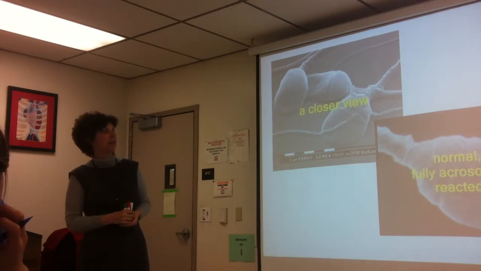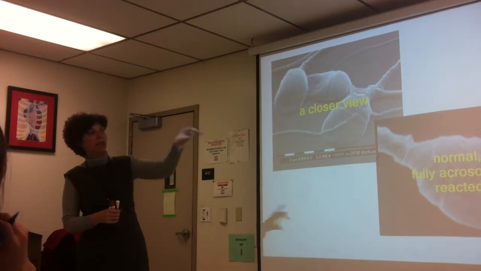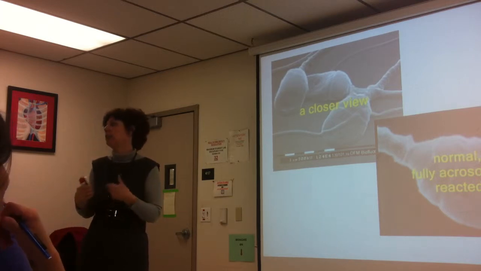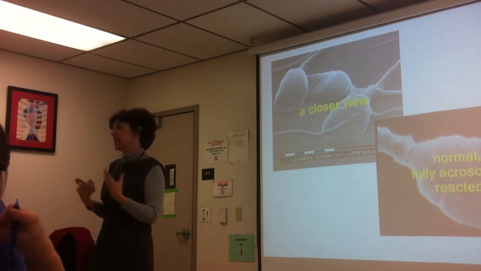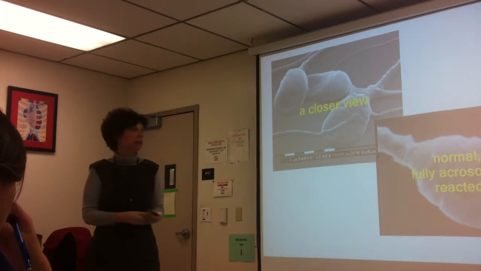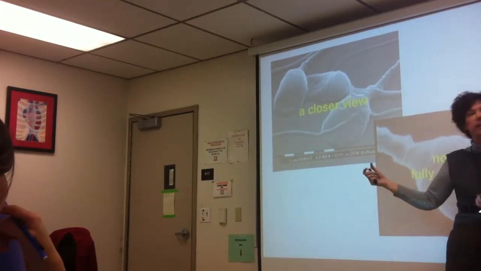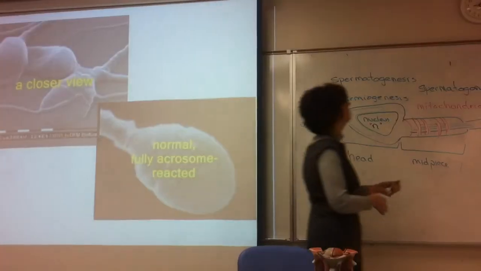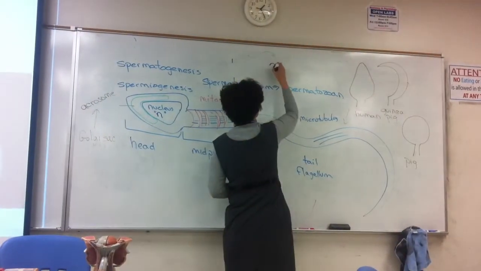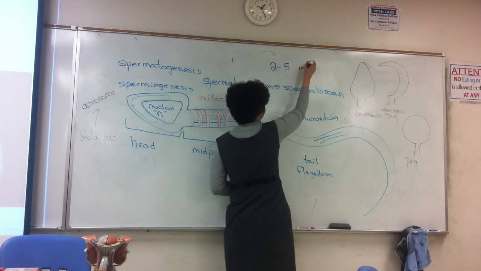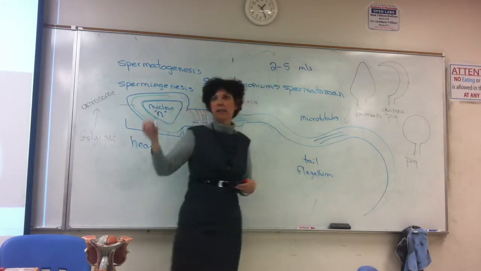But I was working with human on electron micrograph, and I really needed a lot of sperm because I did a lot of washings. And the typical male ejaculate, and that includes the fluid from the glands, has a volume of about 2 to 5 mils. We include the sperm and all the secretions of the gland.